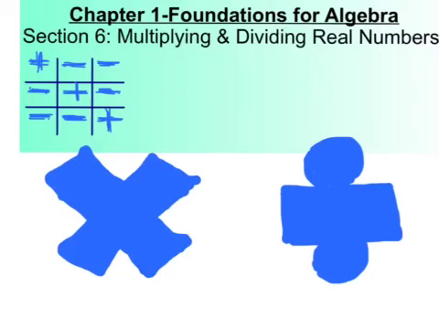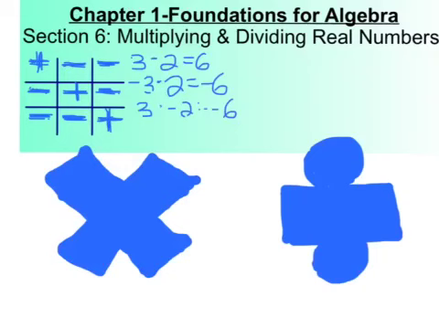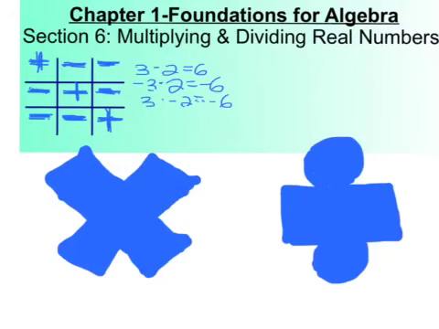So obviously, +3 times +2 is +6. -3 times +2 is -6. +3 times -2 is -6. And -3 times -2 is +6.